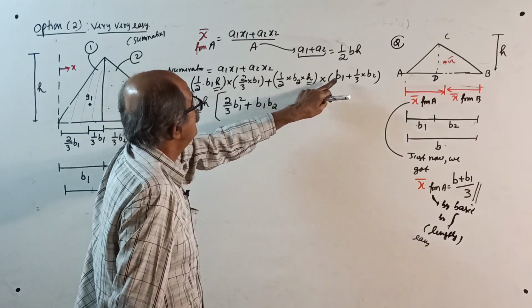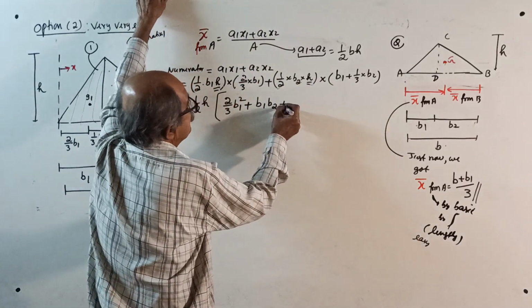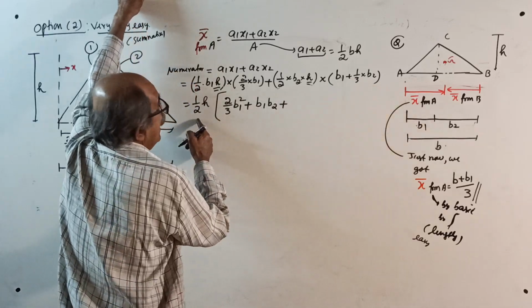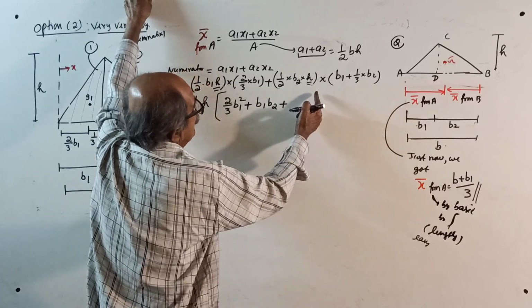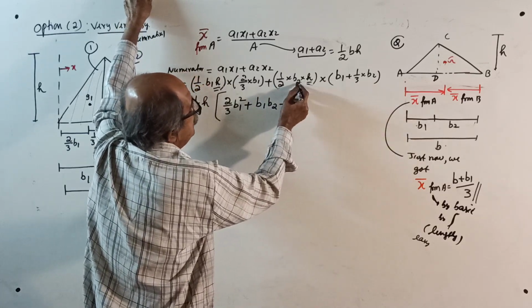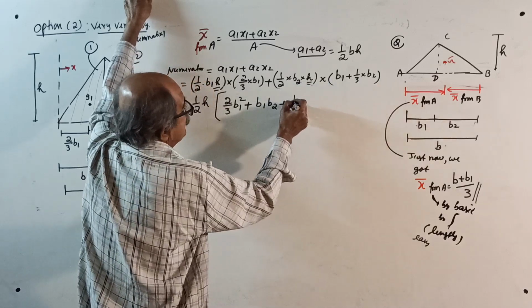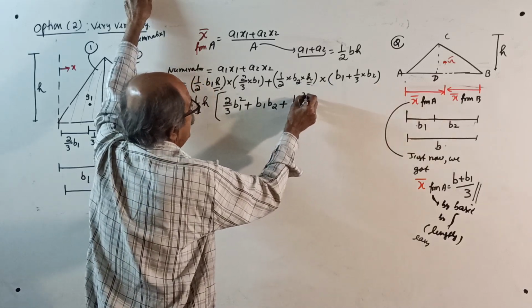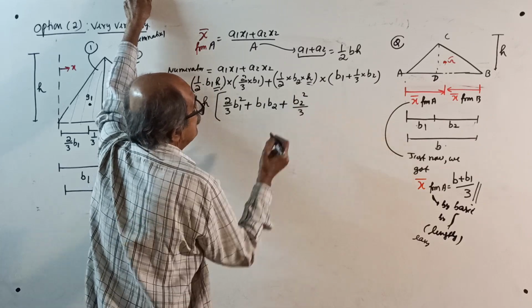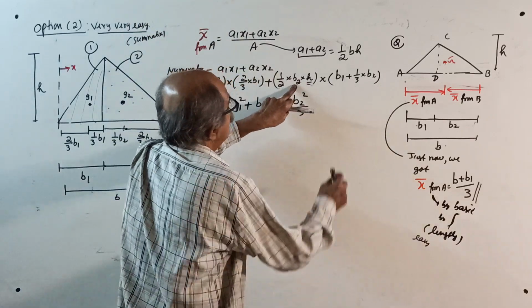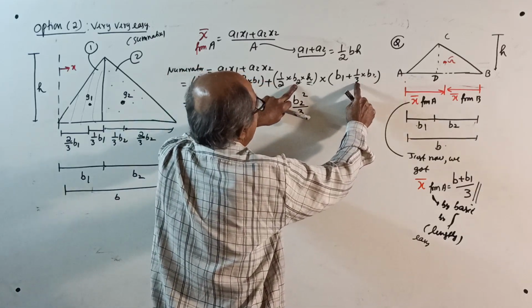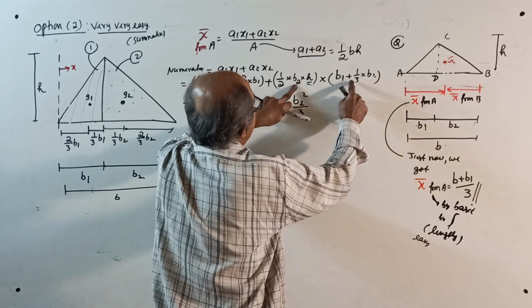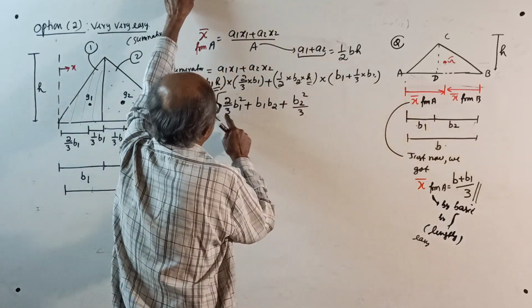Half into H outside, B1 B2 plus, B2 into B2 plus B2 square divided by 3. B2 into B2 is B2 square divided by 3. H by 2 has gone outside.